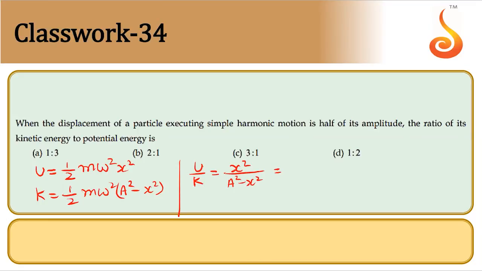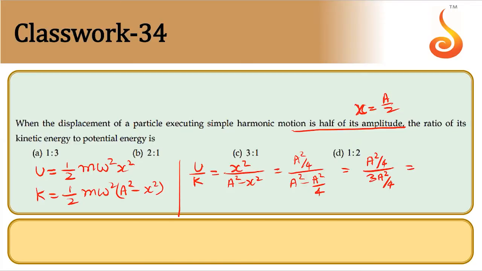So put x is equal to a by 2, as they have given half of its amplitude. So this will be a square by 4 divided by a square minus a square by 4. Now this will be a square by 4 divided by 3a square by 4. That will be 1 by 3. That is option A.